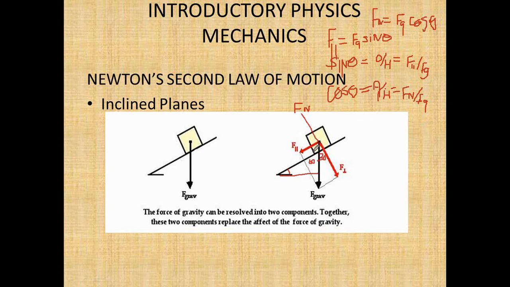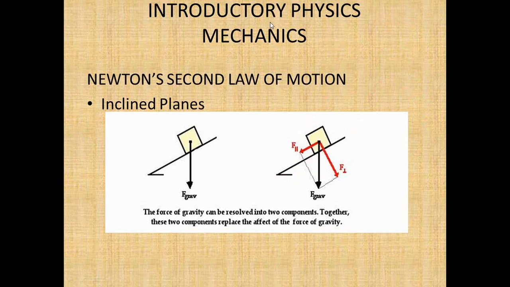So the parallel component of the force due to gravity is equal to the force due to gravity times the sine of the inclination angle, and the normal force that an object on an incline is subjected to is equal to the force due to gravity times the cosine of the angle. All right, so you have to remember that, because that's going to come in very, very handy when we start doing problems, object on an incline.